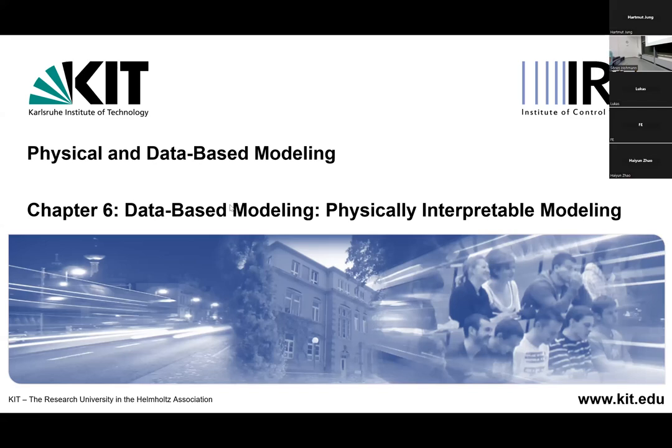Also in control engineering, not just in the AI community, but also for us, you have a collection of data and you want to discover physical properties out of them. That's one of the interesting facts. And we want to do this step by step.